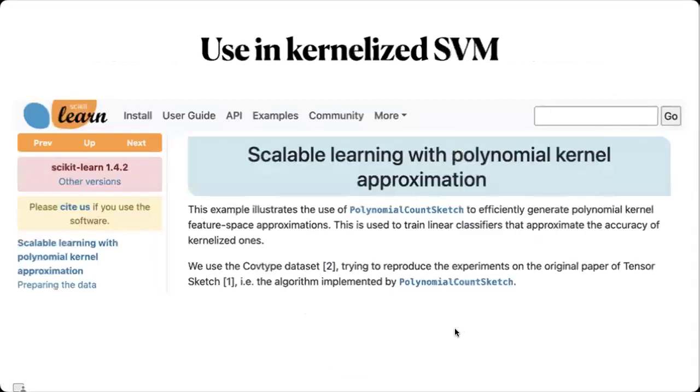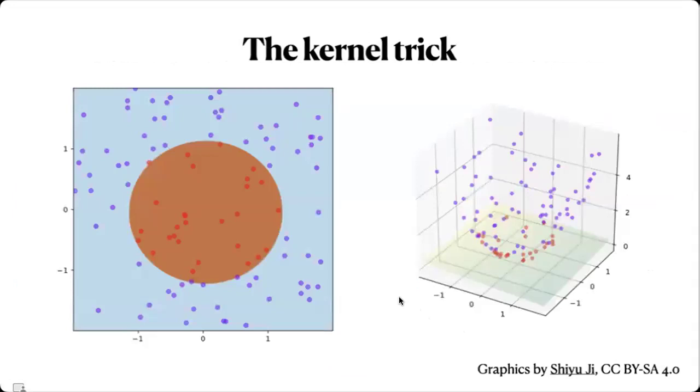Okay, so this turns out to be useful enough that it's been implemented in scikit-learn. And one of the reasons that they are interested in this is the kernel trick that you probably know about.